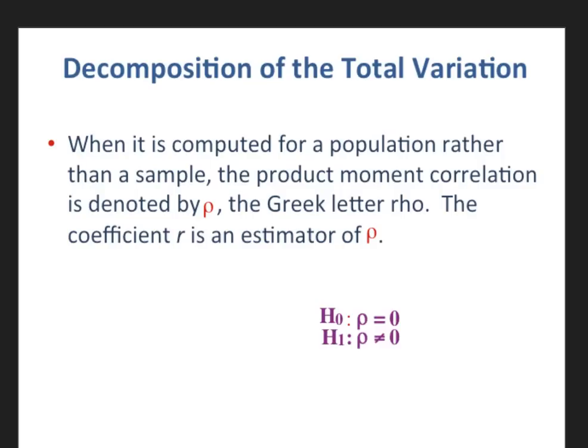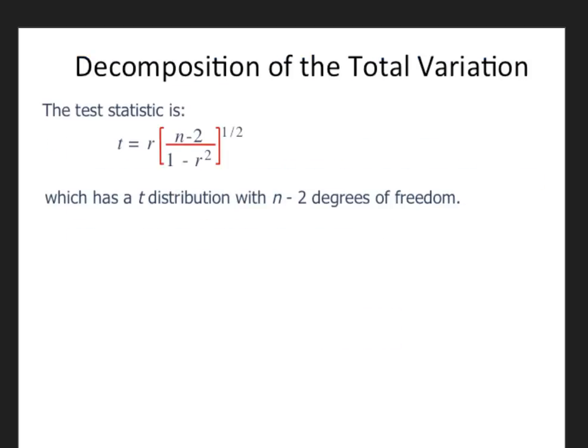The statistical significance of the relationship between two variables measured by using R can be conveniently tested. The hypotheses are: the null is that the correlation equals 0, meaning that there is no linear relationship, and the alternative hypothesis is that the correlation is not zero, meaning that there is a linear relationship. The formula for the test statistic is shown here on screen.